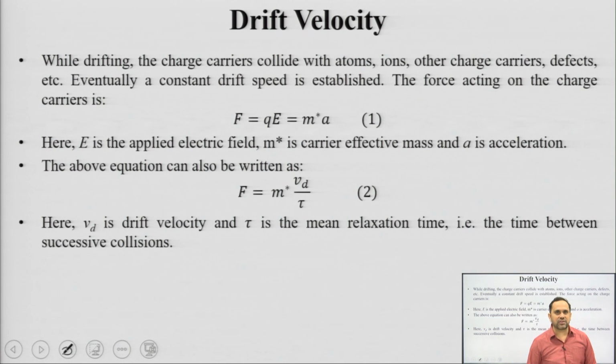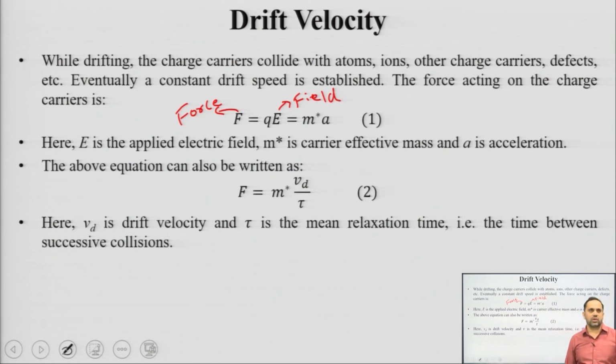Whenever you apply an external electric field via an external bias or voltage, you can say that a force per unit charge has been applied. This is your applied electric field. Okay. So, this is the force which is acting on the charge carriers, and this is the electric field. Okay. So, I can say that a force equal to Q times E has been applied.